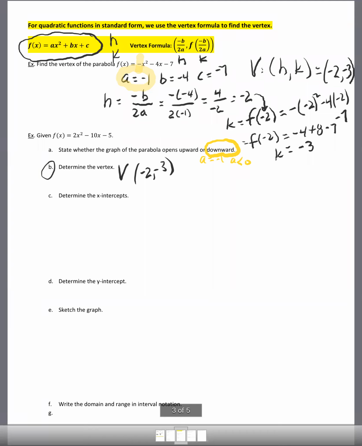This part G down here should have said find axis of symmetry. And the axis of symmetry is going to be x is equal to, so this will help me find that. X is equal to -2 because that's the x part of the vertex.